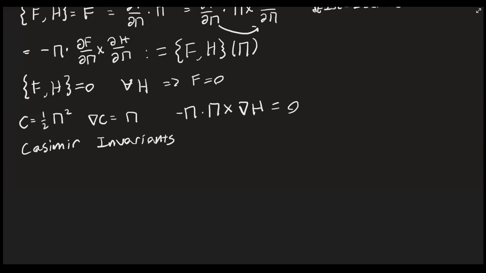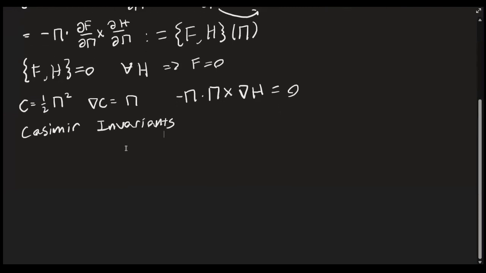And yeah, so now if we want to get a nice visual picture of what's happening with the dynamics, we just have to note that C is a constant of motion and H is a constant of motion. And they both form surfaces in R3. So a point in R3 will be on the intersection of a particular level set of C and H, and it'll just move along the intersection of those two level sets.